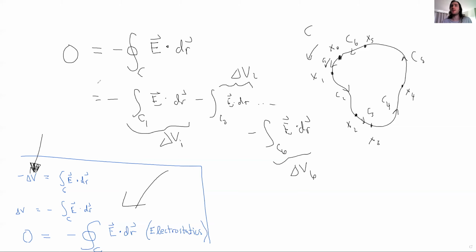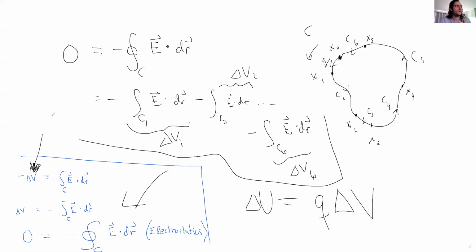And so you might be thinking to yourself now, okay, wait a minute, we have this for the potential, right? Potential energy is Q times potential like so. And so this is a statement of conservation of energy for electrostatics.